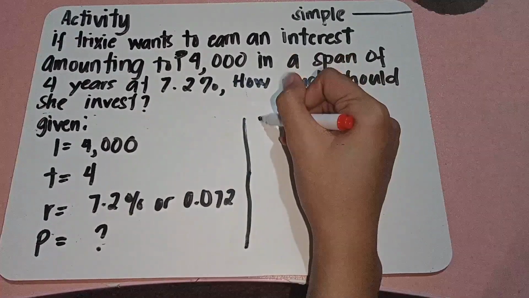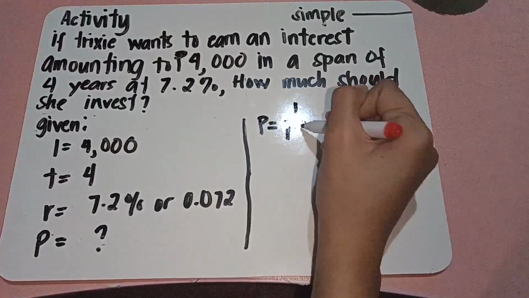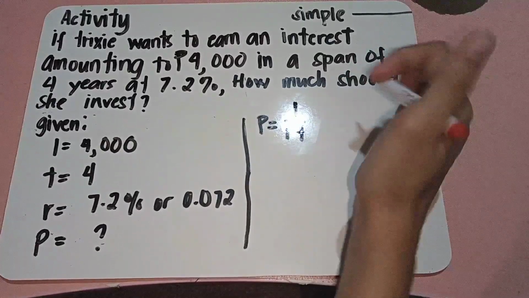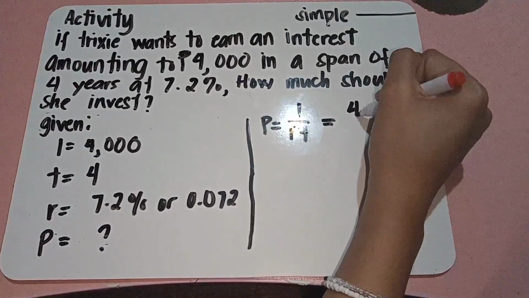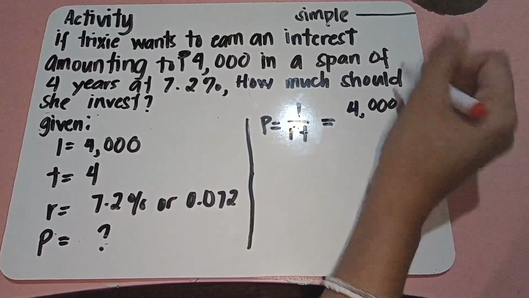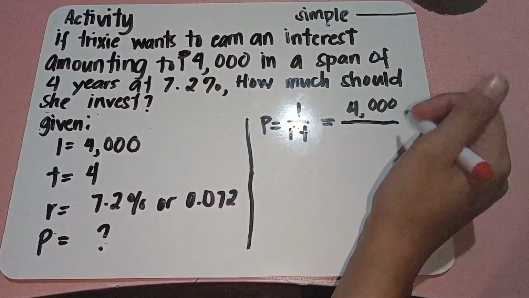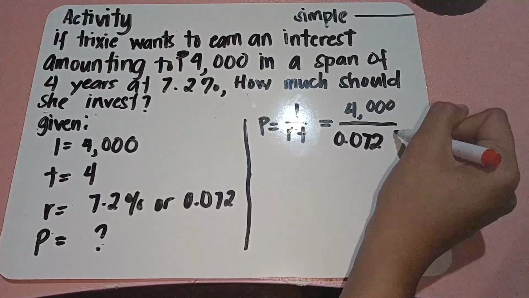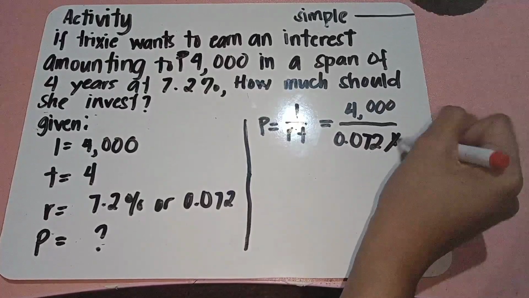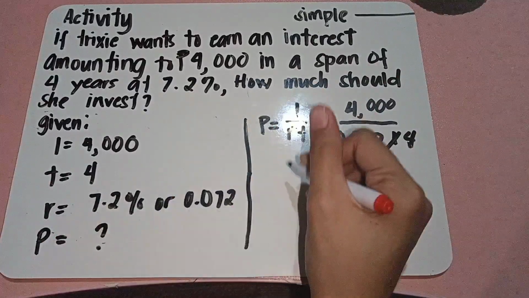We're going to use the formula for P is equals to I over R times T. 4,000, since 4,000 is the interest, over 0.072 times 4, since it is 4 years.